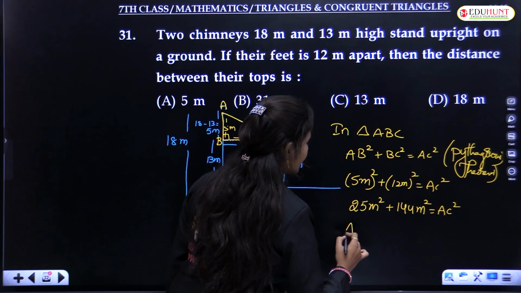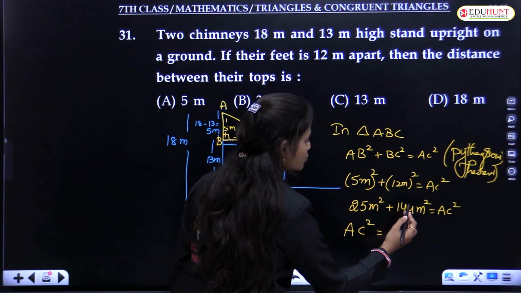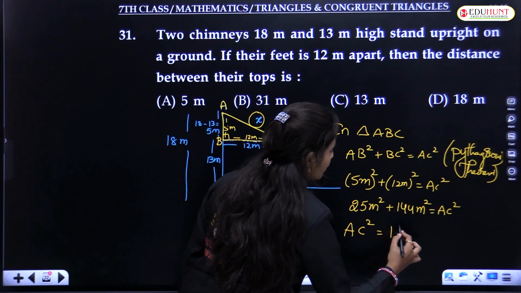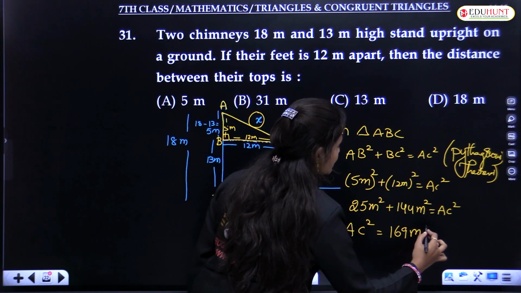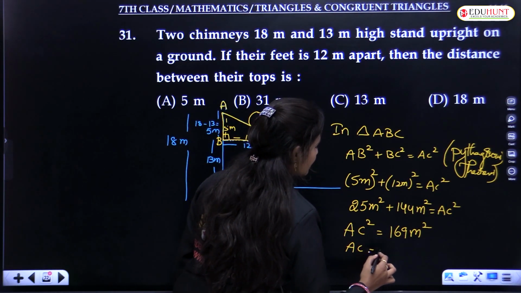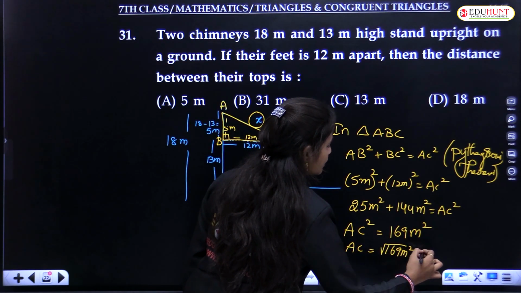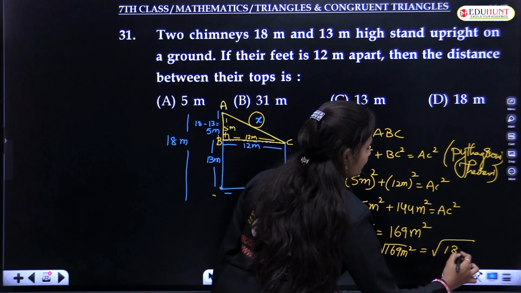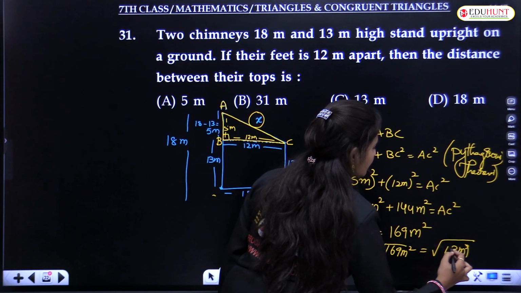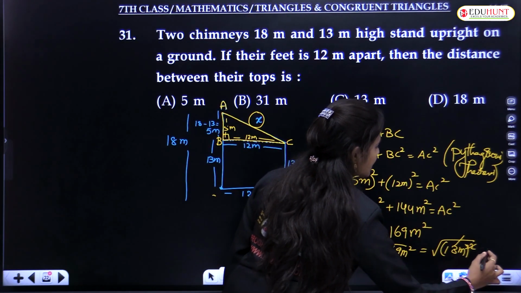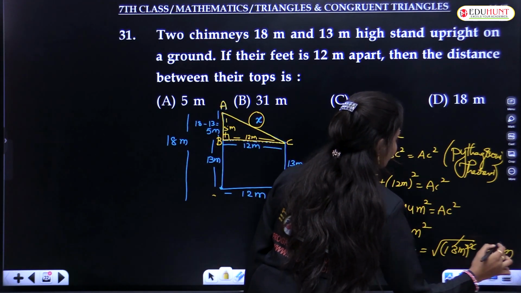We need to find only AC. So AC square is equal to 144 plus 25, which is 169 meters square. So AC is equal to the square root of 169 meters square, which is equal to 13 meters whole square. The square and root get cancelled, which gives 13 meters.